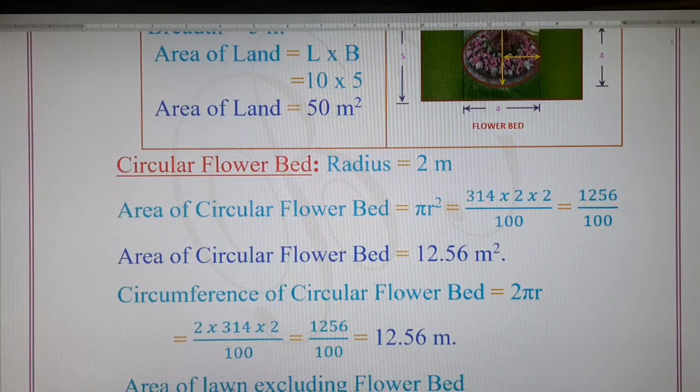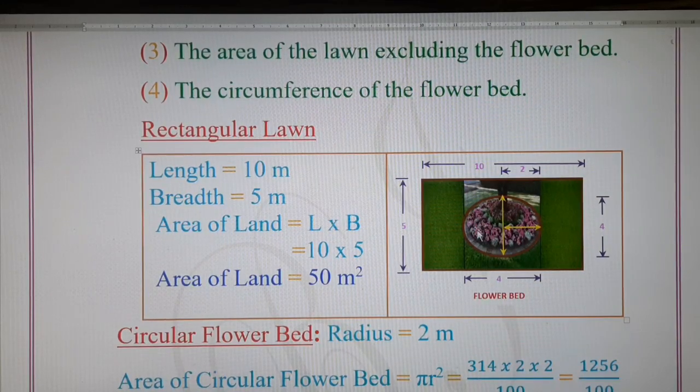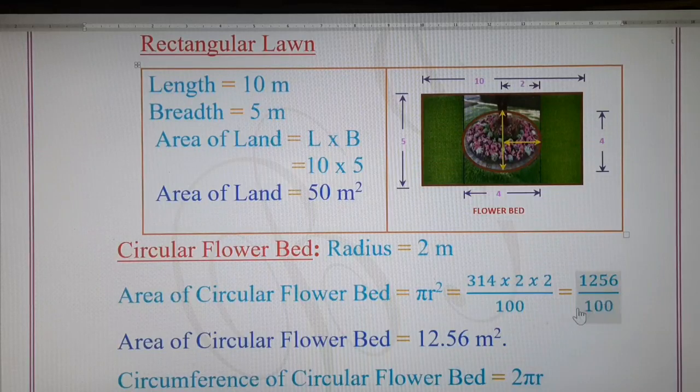Now we have to find the area of the lawn excluding the flower bed. That means we have to know the whole area of the land. The area of the whole land is 50 meters square, and from that we have to subtract the area of the flower bed. The area of the flower bed was 12.56 meters square.